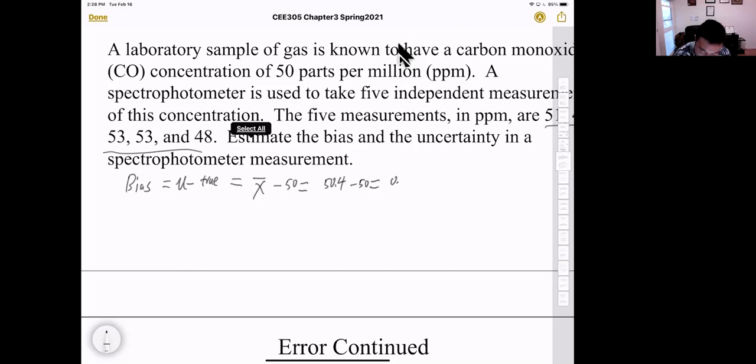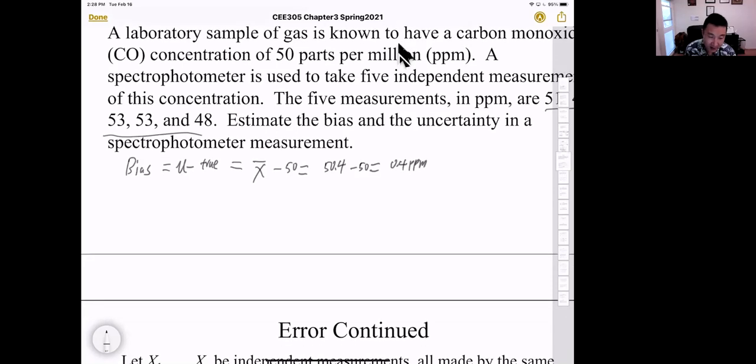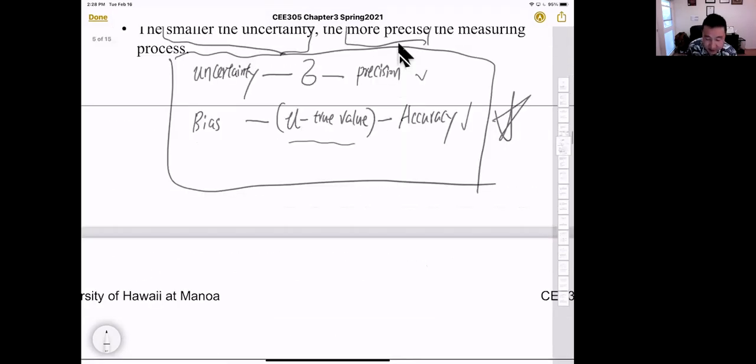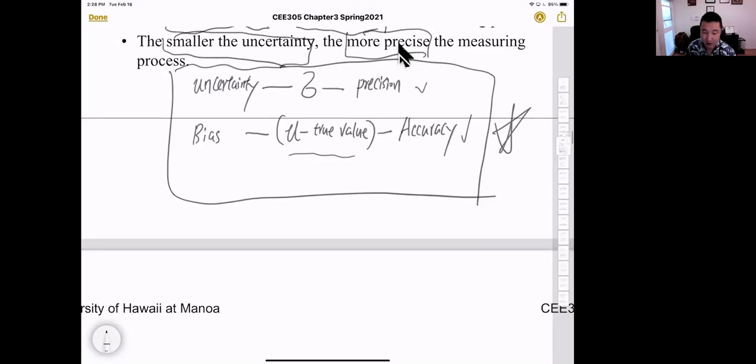So the bias is 0.4 ppm. Okay. And uncertainty, so you can see from here, we use sigma, which is the standard deviation, to quantify that.